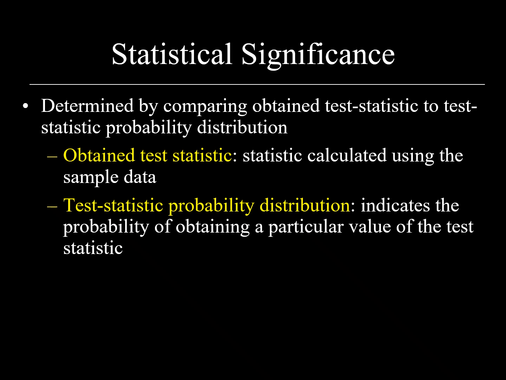We're going to compare that obtained test statistic, whether it is a hand calculation and a chart, or whether it is a computer program that's doing it for us, to a test statistic probability distribution. And basically, this is a graph, if you will, indicating the probability of obtaining a particular value of the test statistic.